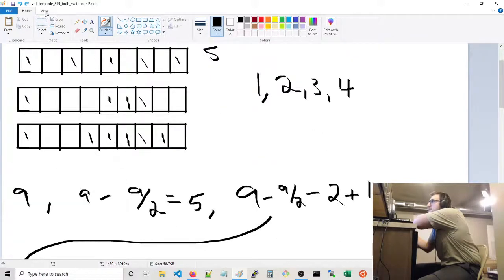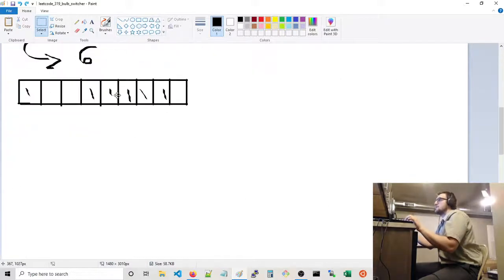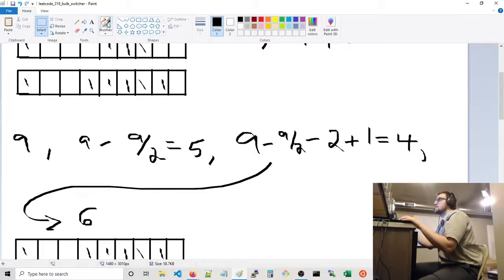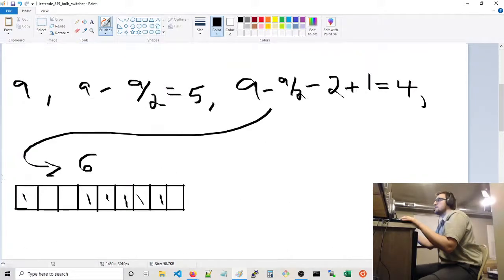End up at 6. Let's see if we kept going, what would happen. It's kind of curious. So we said this is 1, 2, 3, 4. We say 5 now. We would go 1, 2, 3, 4, 5. Excuse me, toggle that back off. 1, 2, 3, 4, 5, 6, 7, 8, 9, right? So that would be, then goes to toggle that back down to 5.